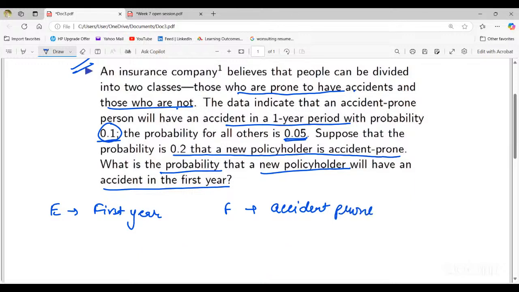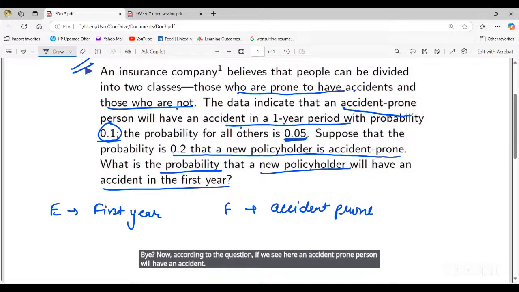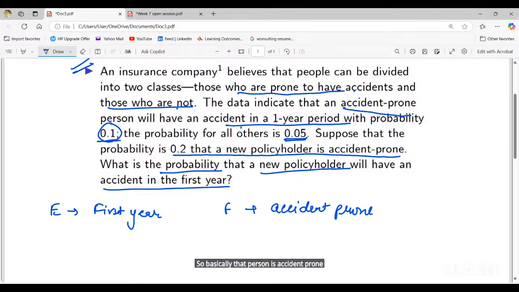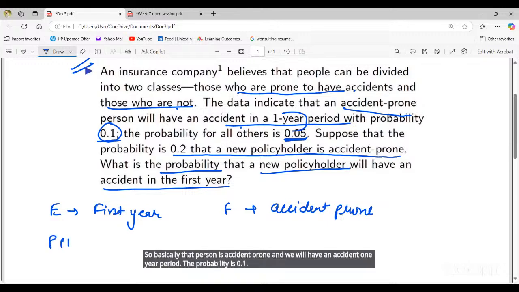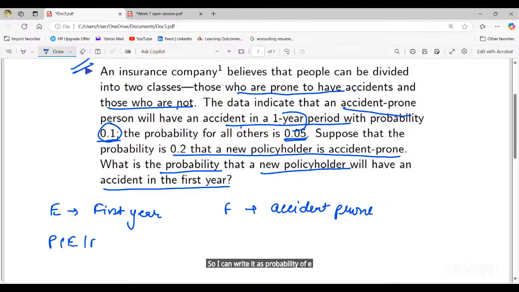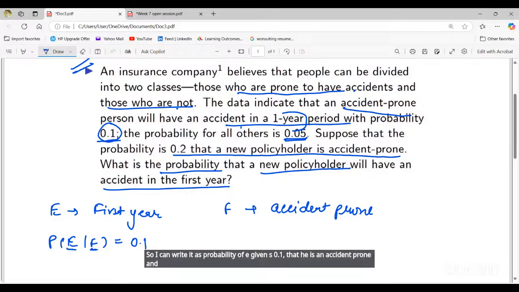According to the question, an accident-prone person will have an accident in a 1 year period with probability 0.1. So I can write the probability of E given F as 0.1.